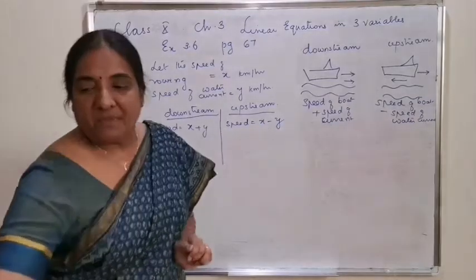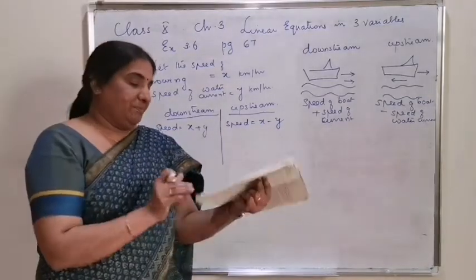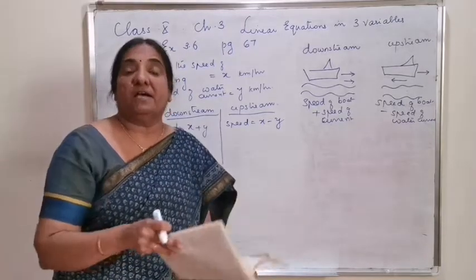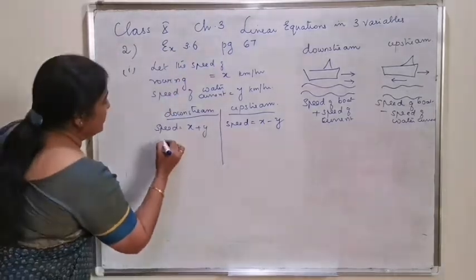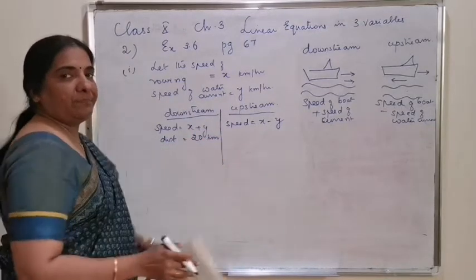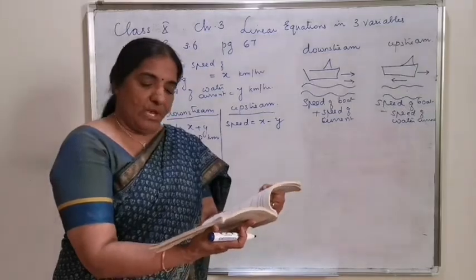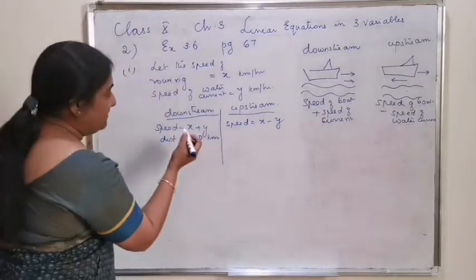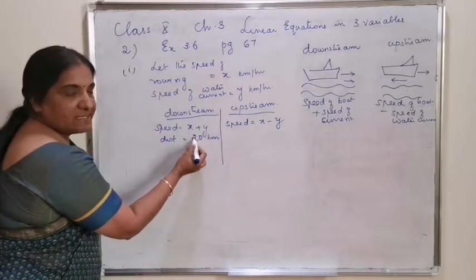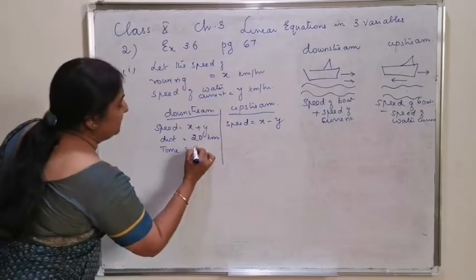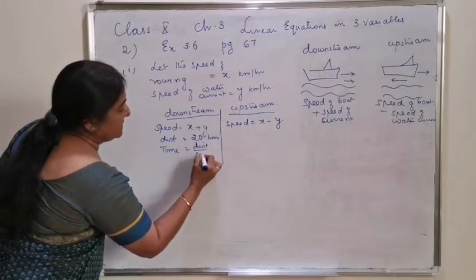And now the distance travelled. Ritu can row 20 km downstream. Distance in downstream is 20 km. Ritu can row downstream 20 km in 2 hours. When you know the speed and distance, according to the formula, time is equal to distance by speed.